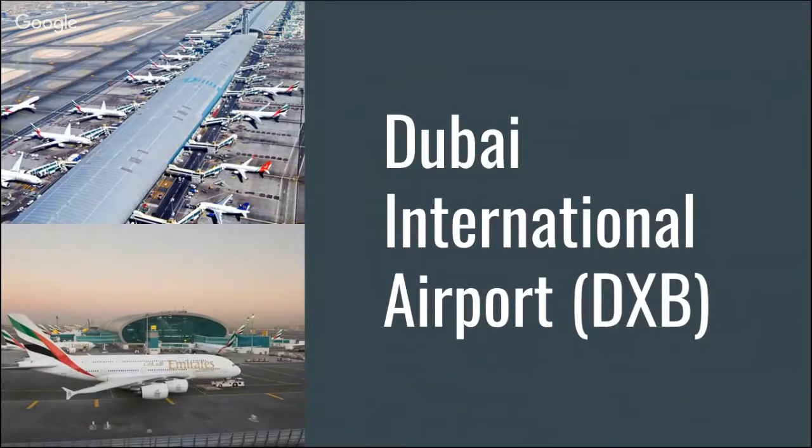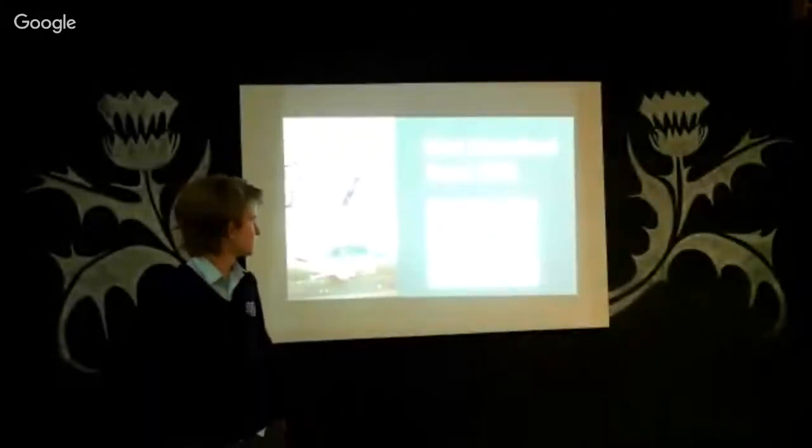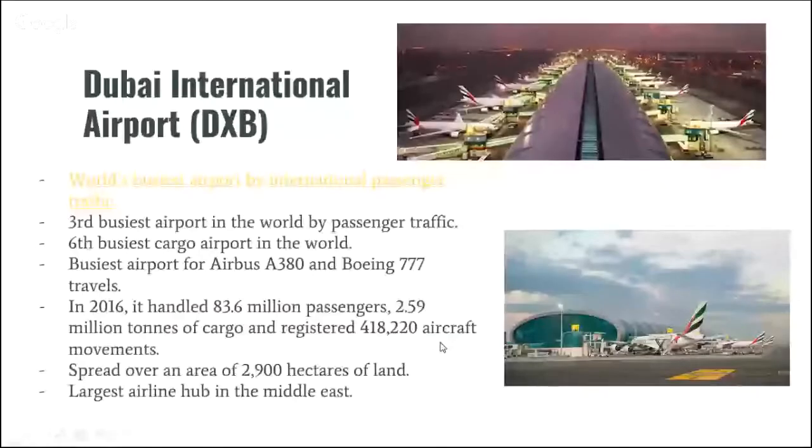Dubai International Airport is one of the largest airports in the world, and it's located northeast of the city of Dubai. It's the world's biggest airport by international passenger traffic.